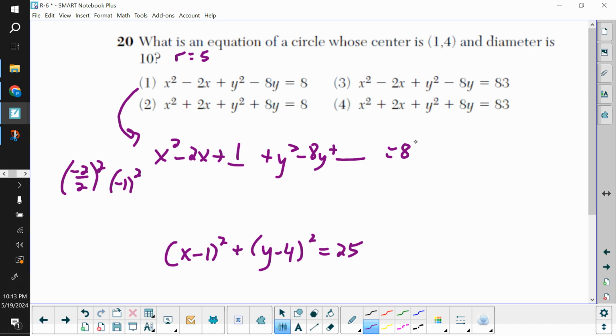So we'd add 1 to both sides. Because negative 1 is being squared, eventually that will be x minus 1 squared. So it looks like this is pretty good so far. For the y's, we'll do negative 8 divided by 2 squared, so that'll give us negative 4 squared. So we're really adding 16 on both sides.